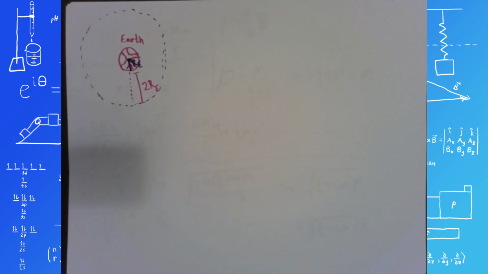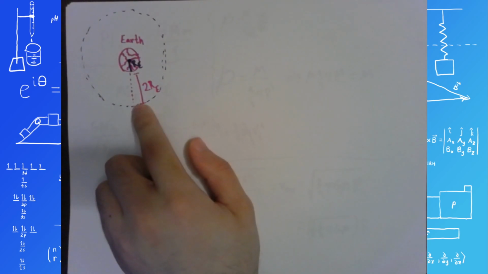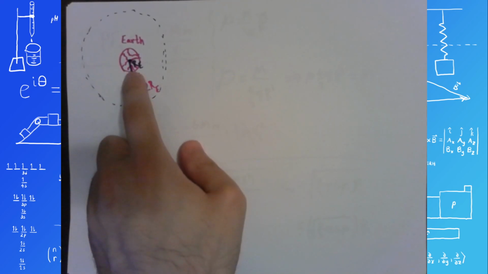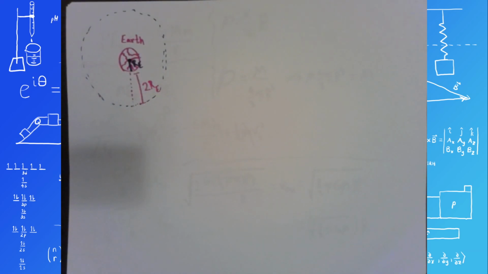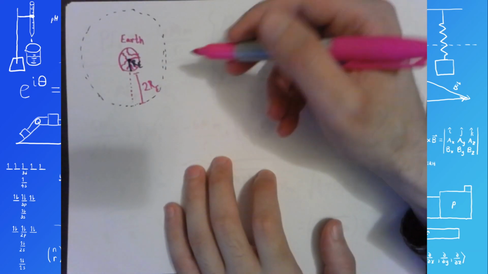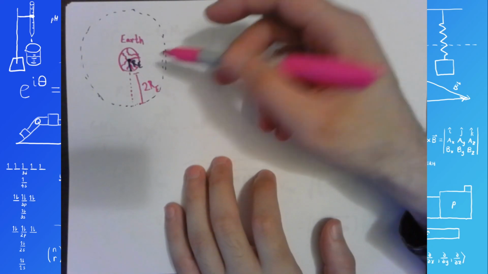And I want to find the force of gravity acting on this satellite in terms of the force of gravity on the surface of the Earth. But let's add the twist that I also want to find other things in terms of the force of gravity on the surface of Earth.